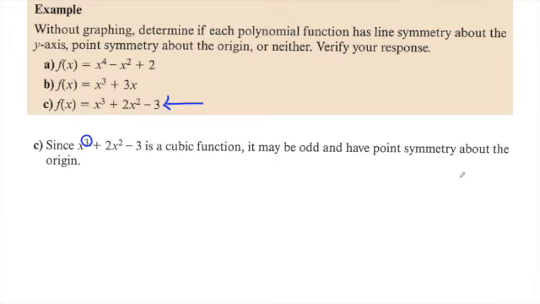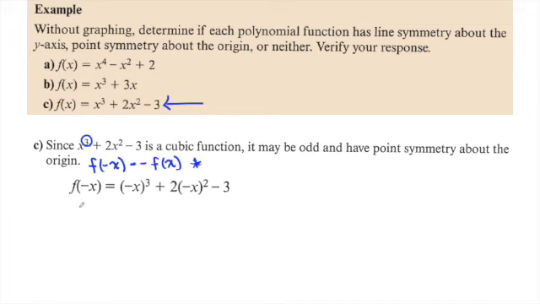So remember, you're finding if f at negative x is equal to negative f at x. That is what you want to find. Again, remember, plug in negative x's for all of the x's you see in your original equation. When you simplify that, you should get negative x cubed plus 2x squared minus 3. Okay, but this is not going to be negative f at x.